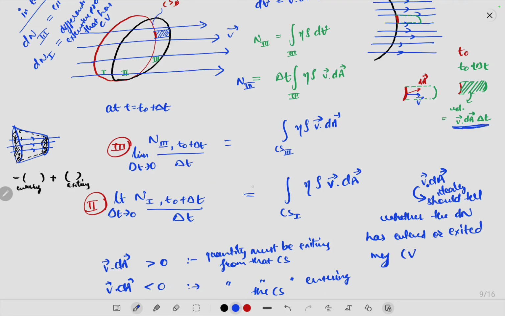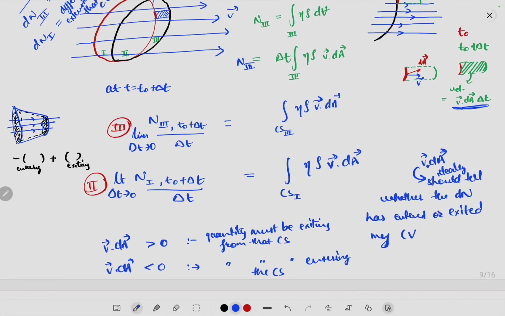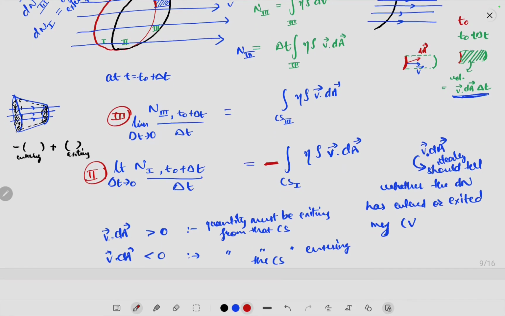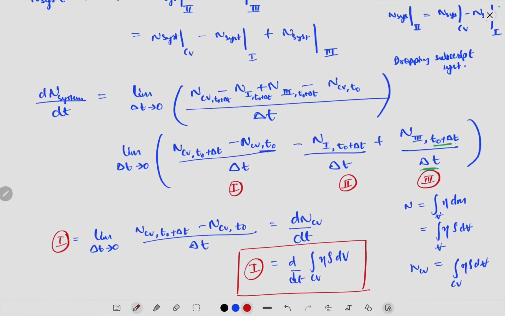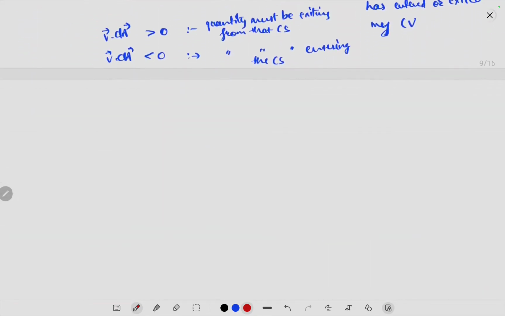Okay, let's just follow this convention that we'll put a negative sign, and now if your v dot dA is greater than 0, we'll say that the quantity must be exiting from the control surface, and if this v dot dA is less than 0, the quantity must be entering the control surface. Alright. So now what would dN system upon dt become? So now we have 1, we have 2, and we have 3. So let's write dN system by dt.